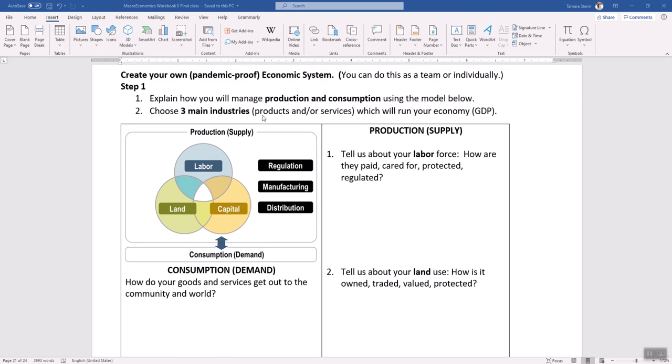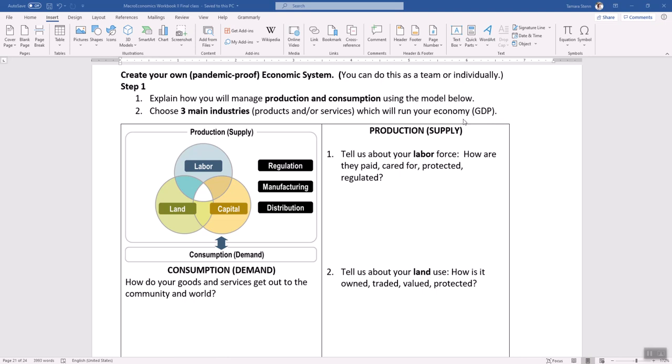So thinking about this, you're going to think about three main industries in which you will run your economy. So remember when we were looking at the CIA World Factbook and we're looking at information about different countries and we're looking at their GDP and looking at what percent of their GDP went to agriculture, went to manufacturing, industry, went to services, right?